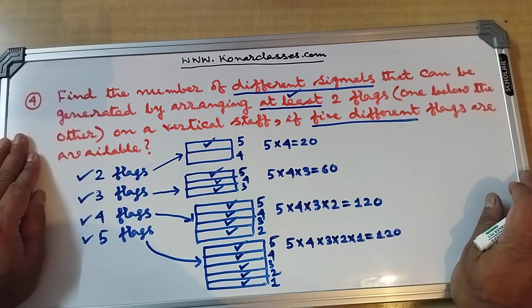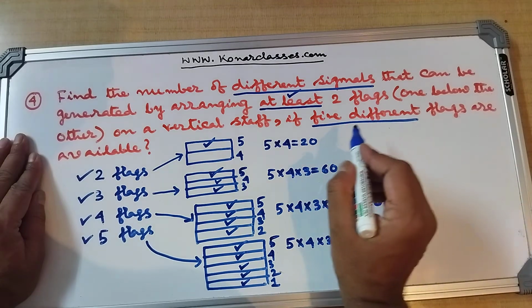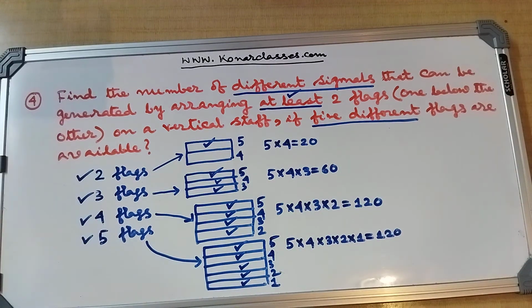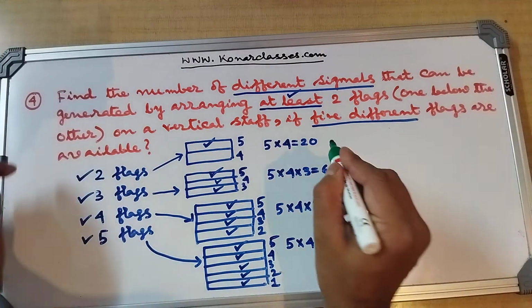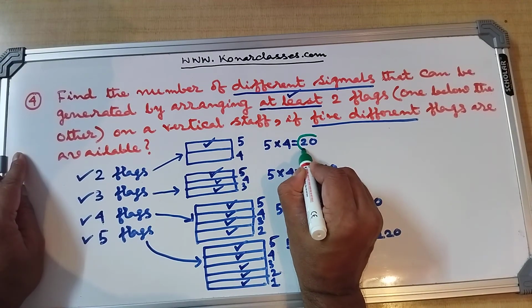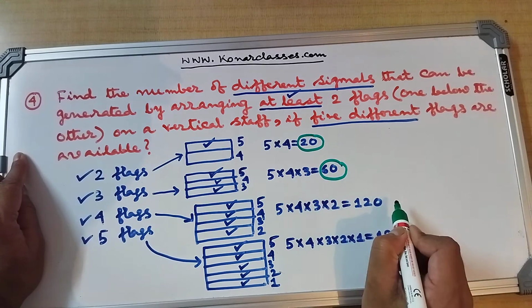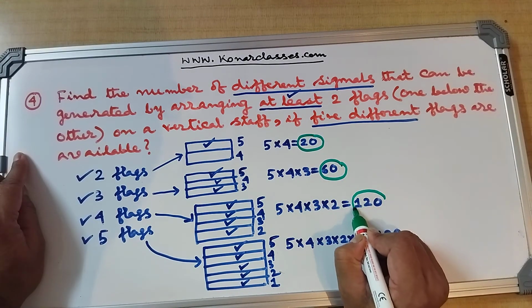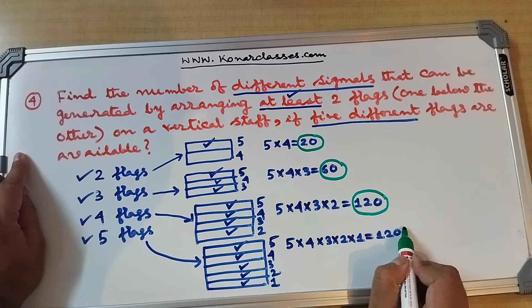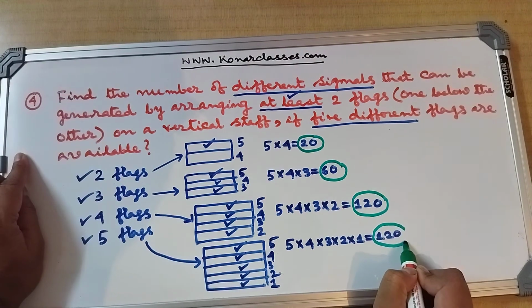Now, the question is to find the number of different signals that can be generated by arranging at least 2 flags, one below the other on a vertical staff if 5 different flags are available. So we need to add. Independently the 2 flags can be done in 20 ways, the 3 flags in 60 ways, the 4 flags in 120 ways, and the 5 flags also in 120 ways.